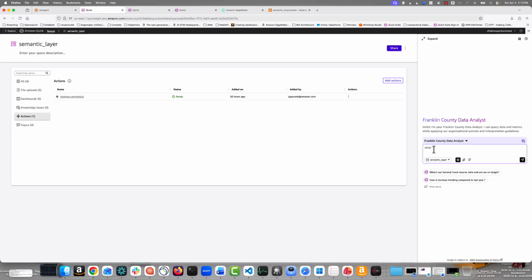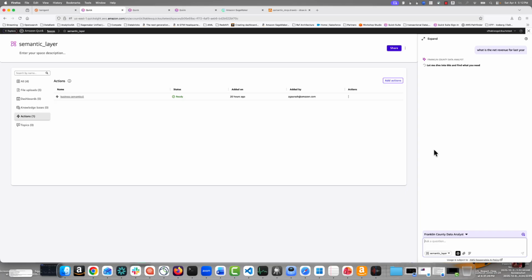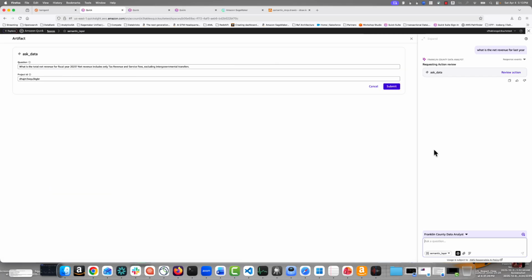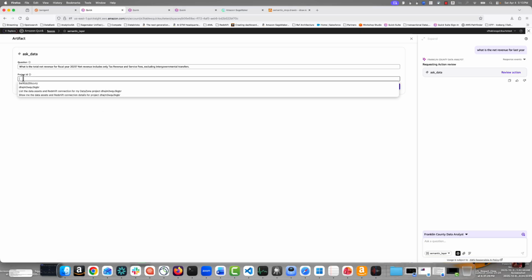What is the net revenue for last year? Let's see. It's reading some documents. Now it wants to pull some data from our Sagemaker Unified Studio project.